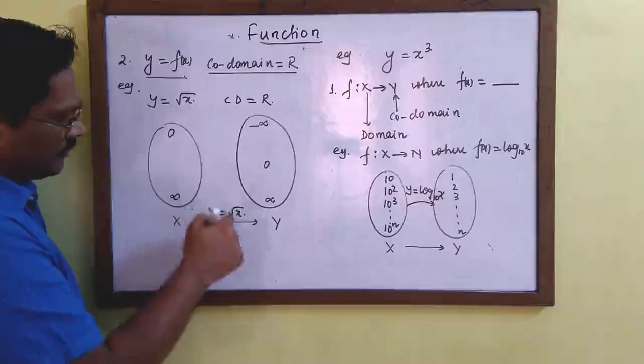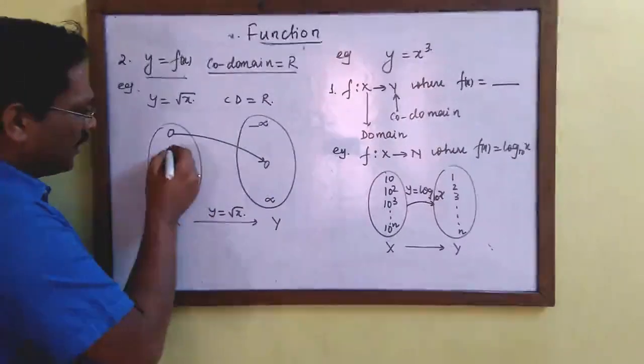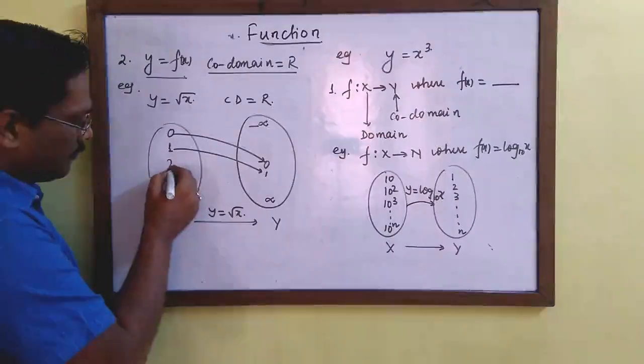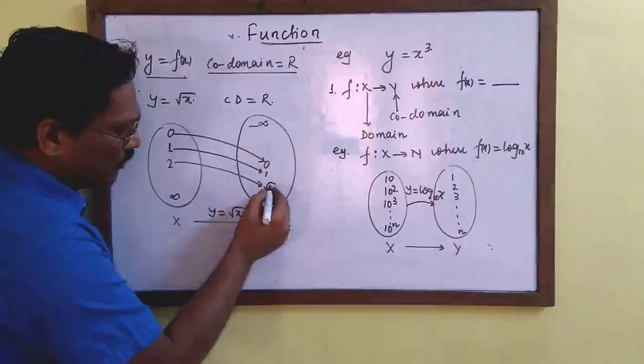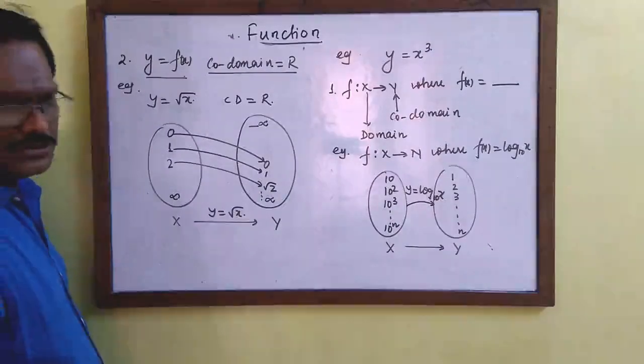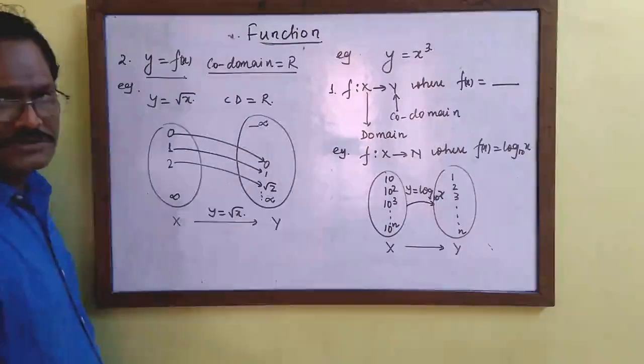Now, if I put x equal to 0 here, I get 0. If I put 1 here, I'll get 1 as output. If I put 2 here, I'll get root 2 as output. And like this, we will go on getting all the numbers. Now, the question is, how am I getting these elements?